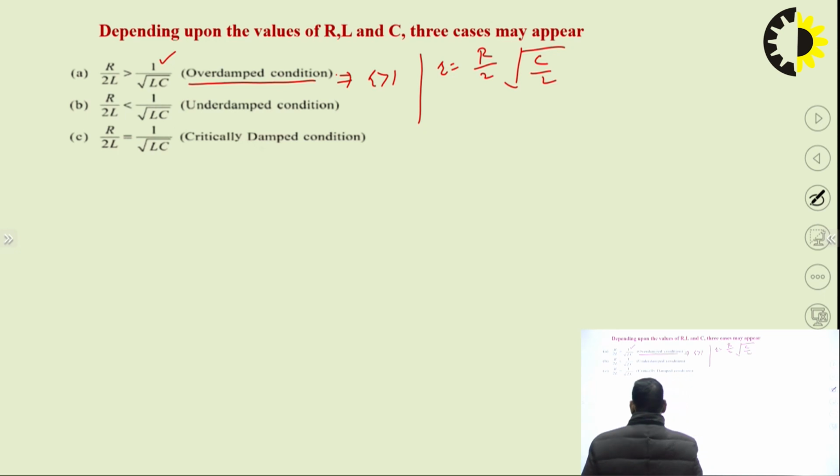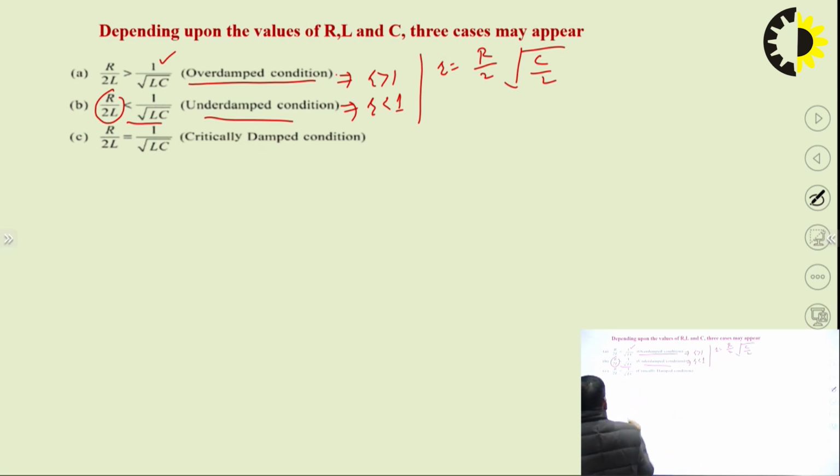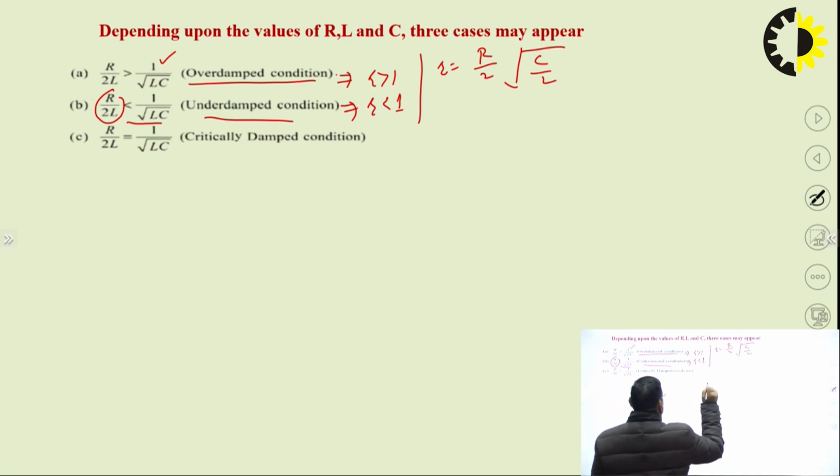When R by 2L is less than 1 by root LC, it is the case of the underdamped condition, so in this case zeta is less than 1. And when R by 2L is equal to 1 by root LC, it is critically damped. So here zeta is 1.